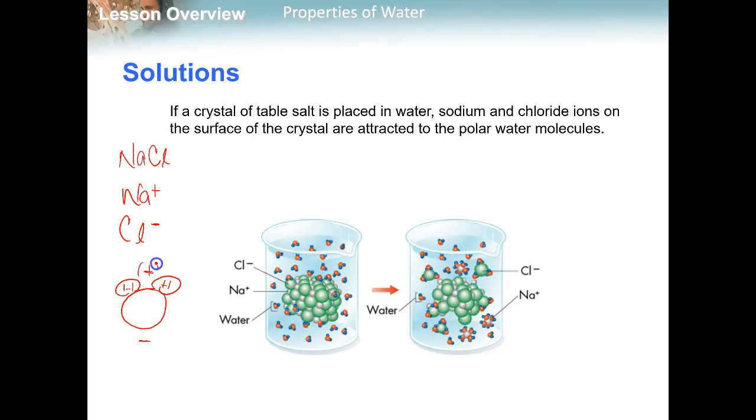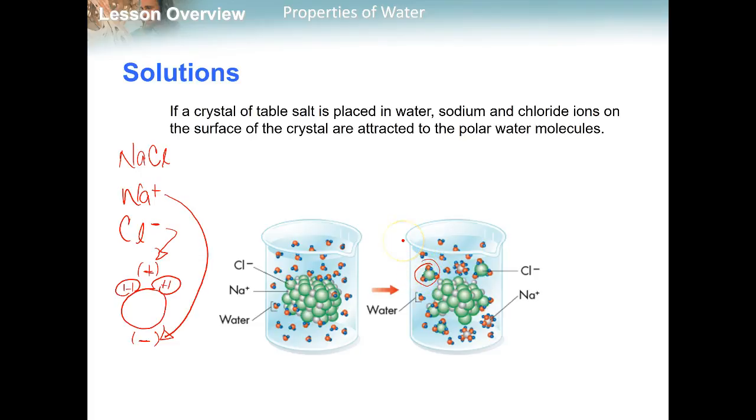Considering that, can you see what's going to happen? The chlorine is going to be attracted to the positive side of the water molecule, and the sodium is going to be attracted to the negative side of that water molecule. And when it does, it's literally going to be pulled apart like you see here.